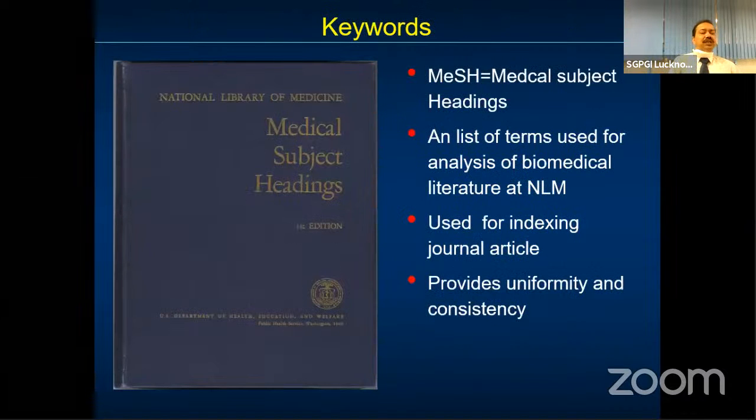Now, how do you do the literature search? You just don't blindly write anything and everything. You have to use keywords to actually do a literature search. So what are these keywords? Keywords are called medical subject heading words, or MeSH words. Therefore, if you just use any and every sentence or word in PubMed, that is not a fair way of searching literature.